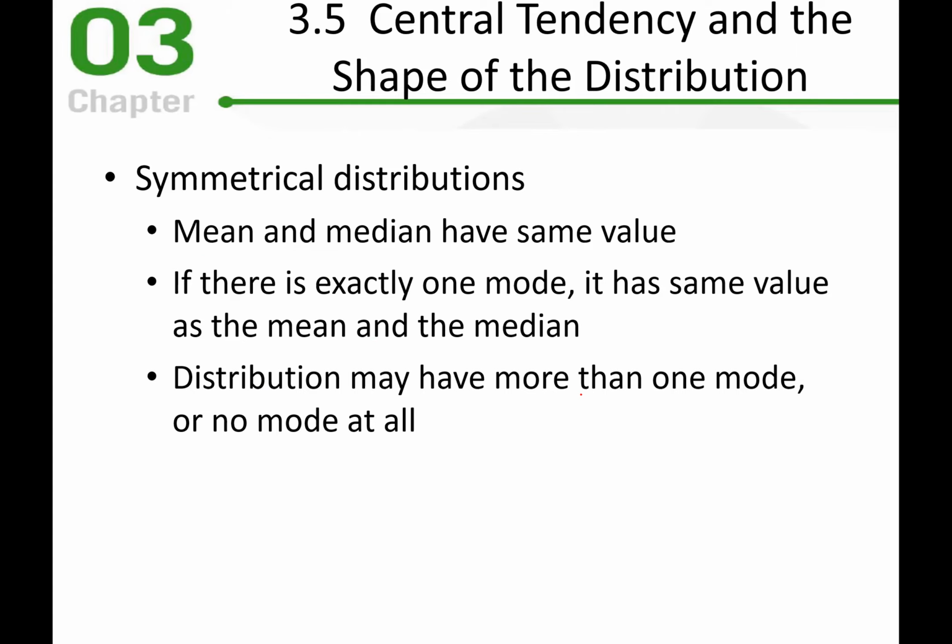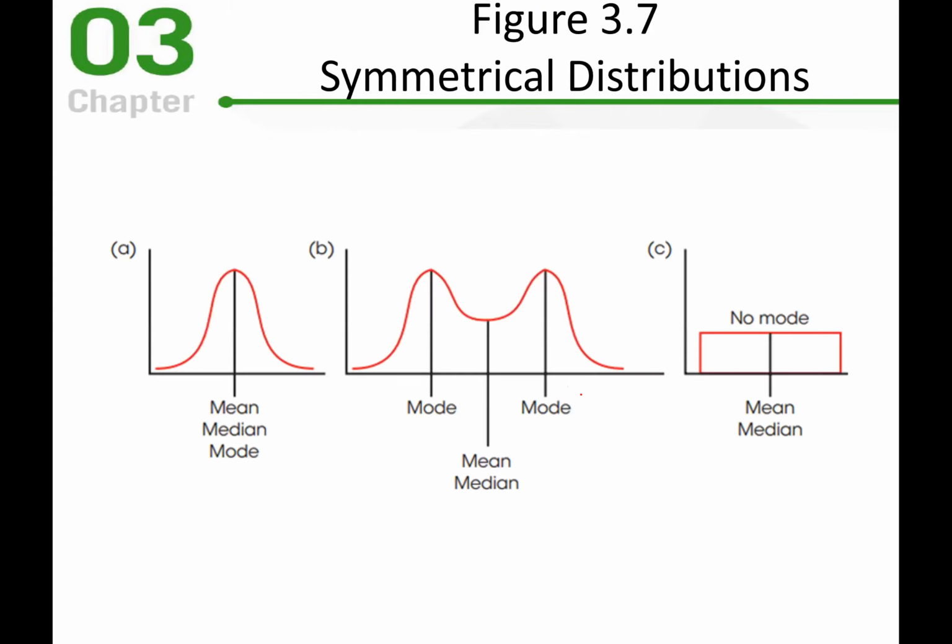Let's look at some examples of that. This is a symmetrical distribution. In fact, all three are symmetrical distributions. In this one, this is the normal curve, or the bell curve, the normal population distribution, also known as a Gaussian distribution. In a Gaussian distribution, the mean, the median, and the mode all have the same value.